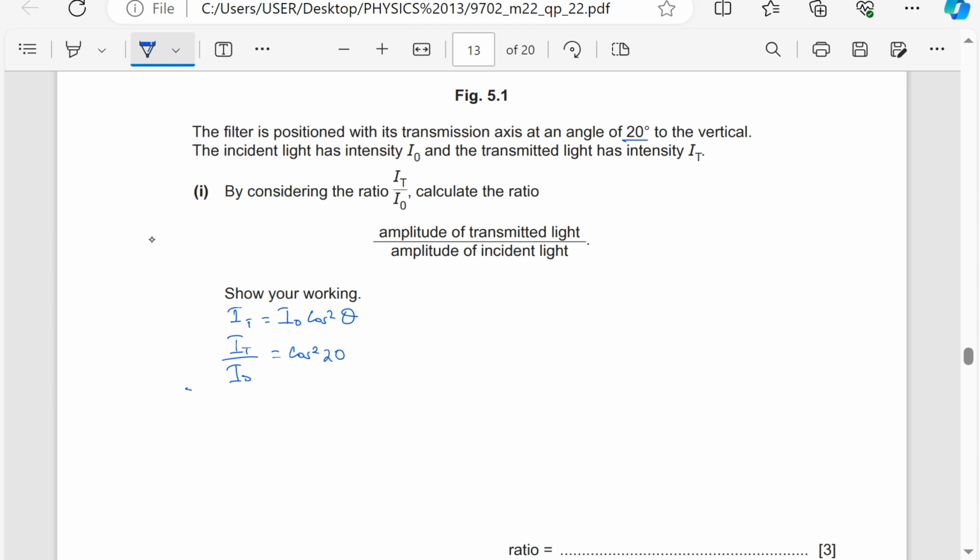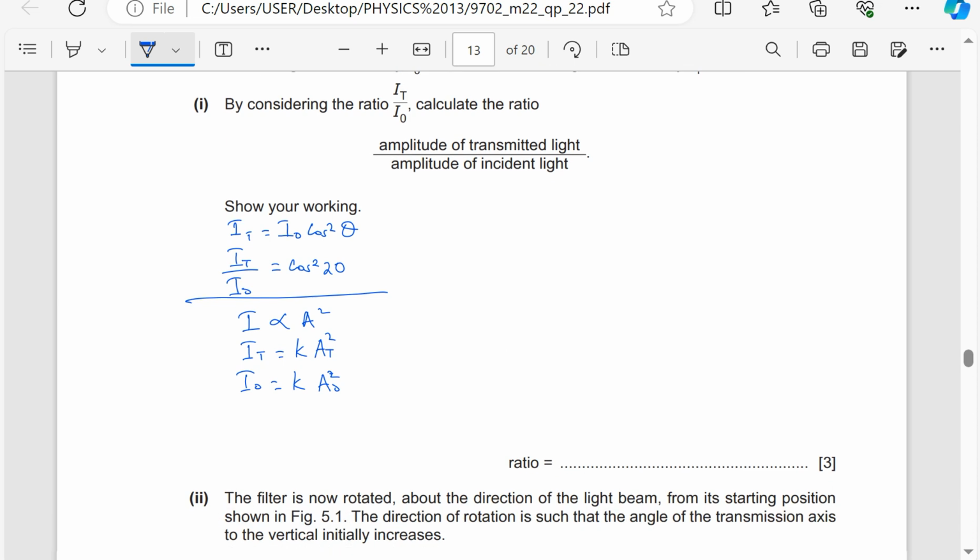That's one equation. We also know that intensity is directly proportional to amplitude squared. So intensity transmitted is equal to a constant times amplitude AT squared. Then incident intensity is equal to a constant times incident amplitude A naught squared.